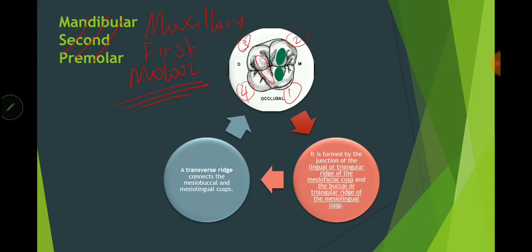Okay, this is the oblique ridge. You have to know which cusps form the oblique ridge, and which cusps form the transverse ridge. And you have to know that there is also a distal lingual groove.